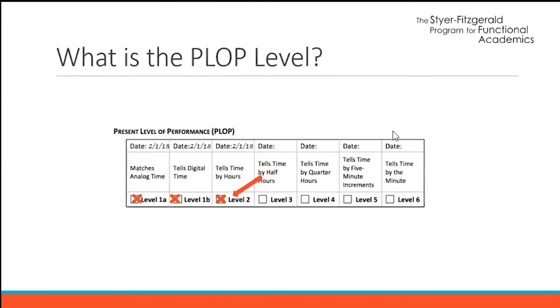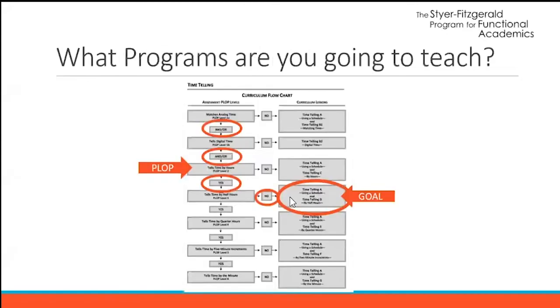So when we look at what is the PLOP level for elementary, they can match analog time, they can tell digital time, they can tell time by hours. You're going to put X's in all those areas because that's what you assessed. But remember, they do not tell time by half hours, right? So for elementary, you're going to look at your curriculum flow chart, and you're going to start at the top.